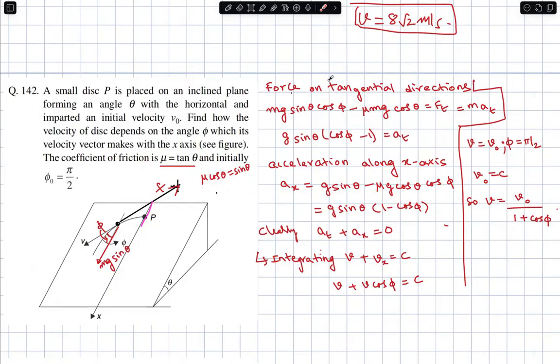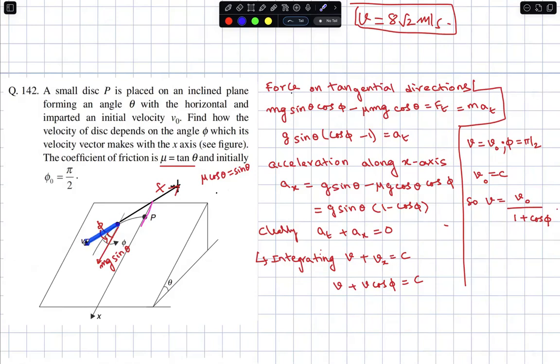Now this is the curve, right? At an instant, this is the velocity vector. If this is the direction of tendency of motion, this is the direction of friction. At this point, what happens? Now you have the component of the weight, mg sin theta. You have phi.